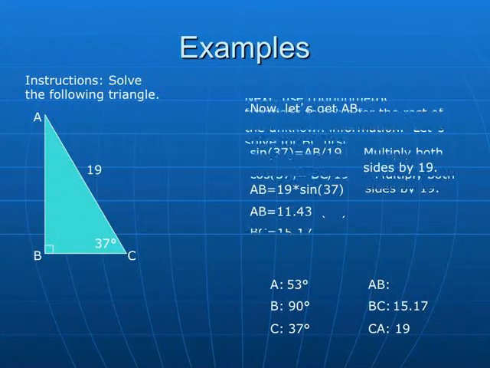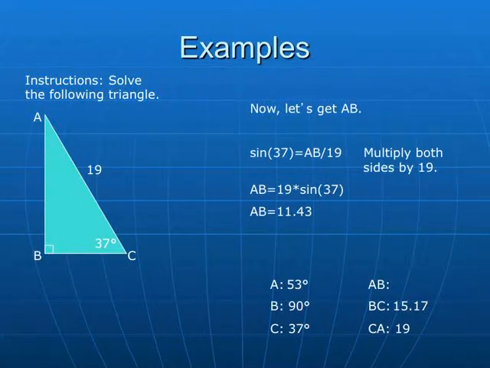To calculate AB, I'm just going to use that same 37-degree angle. AB is the opposite side, so I want to use sine. 19 is the hypotenuse. So the sine of 37 should be equal to AB over 19, and therefore AB is 11.43. Nothing new there, right?